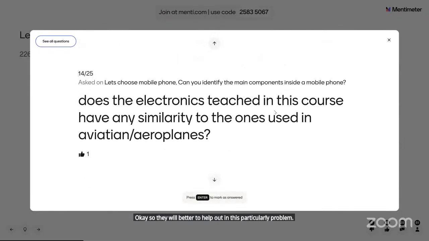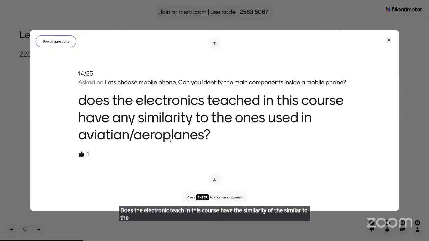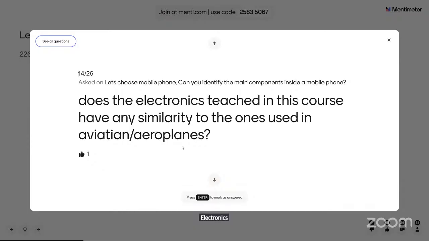Does the electronics taught in this course have similarity to the ones used in aviation and aeroplanes? Electronics, for example, we are saying are categorized into two categories.